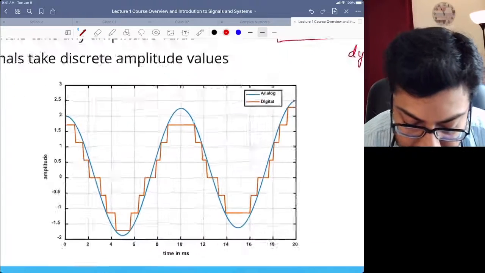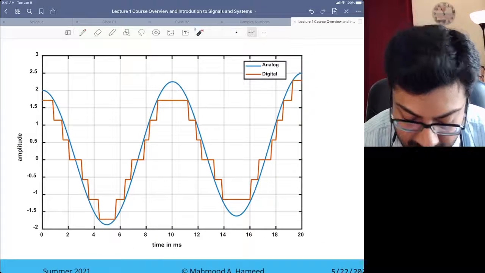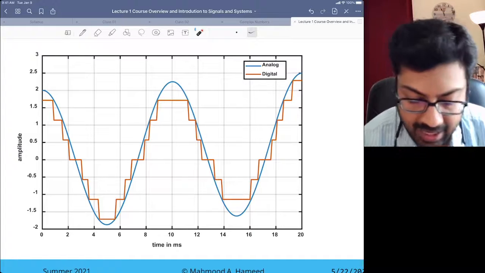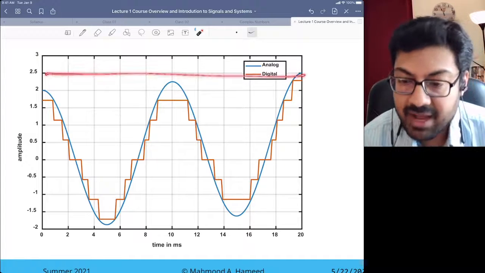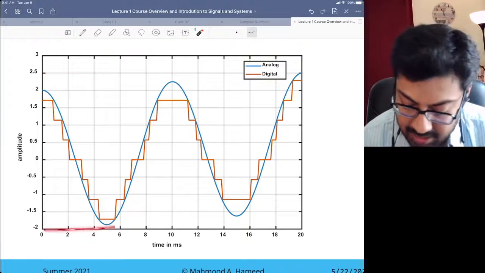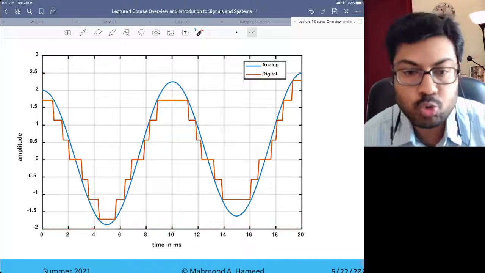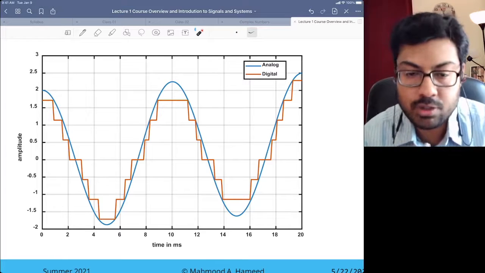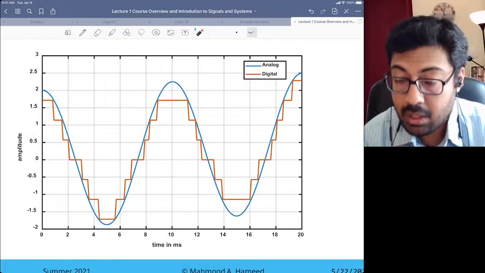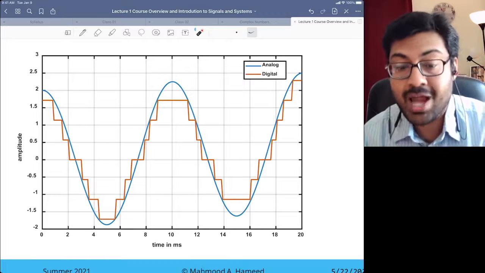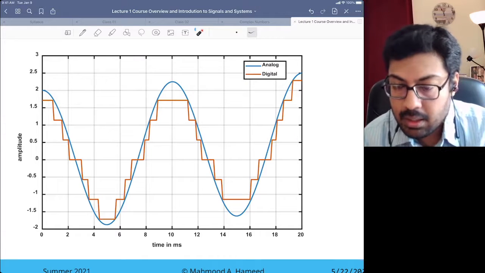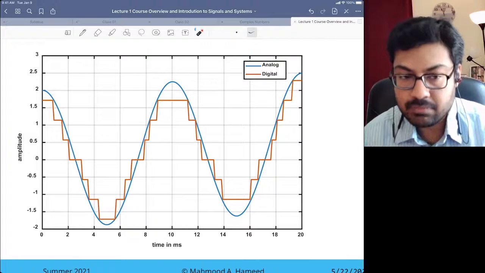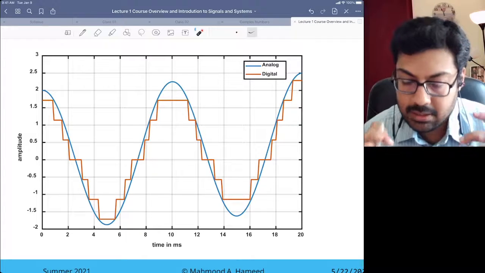From what it looks like, between the 0 and 20 millisecond mark, we have 2.5 as the highest and maybe -2 as the lowest. So 2.5 to -2 is your dynamic range for this analog signal. Next, you try to come up with a discrete number of levels to split that dynamic range.